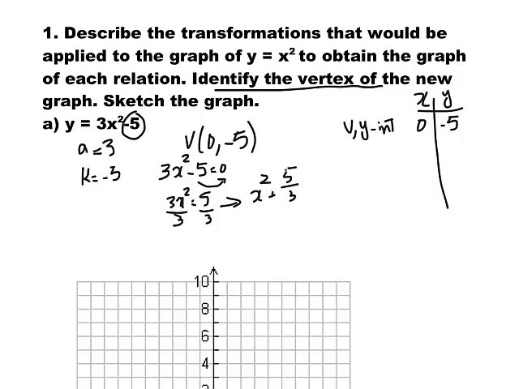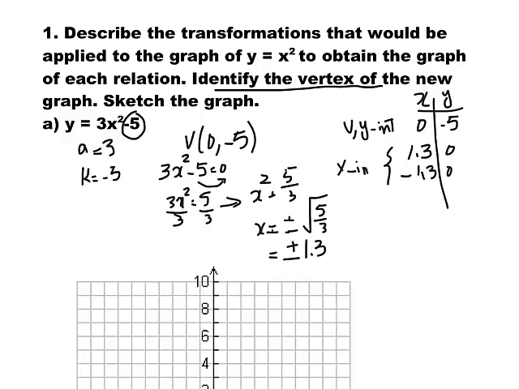Then take the square root of both sides, so x is plus or minus the square root of 5 over 3, which is approximately plus or minus 1.3. So the x-intercepts are (1.3, 0) and (negative 1.3, 0).